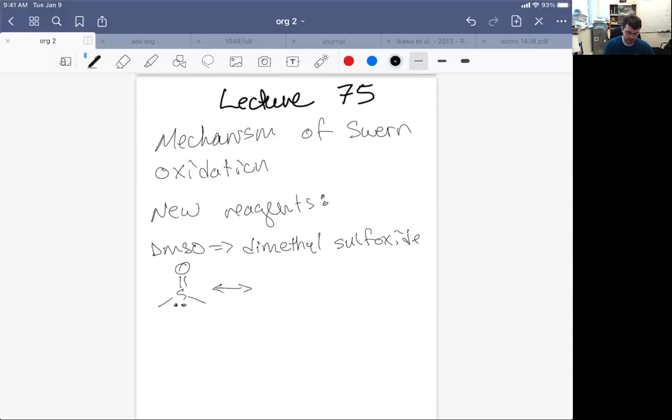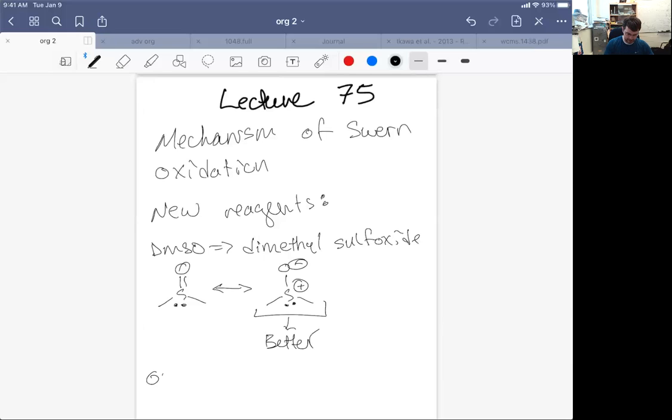So 6 minus 4 minus 2, that's a neutral sulfur versus a positively charged sulfur, and this is the better resonance contributor because every atom has an octet. You can't forget that lone pair on the sulfur atom.